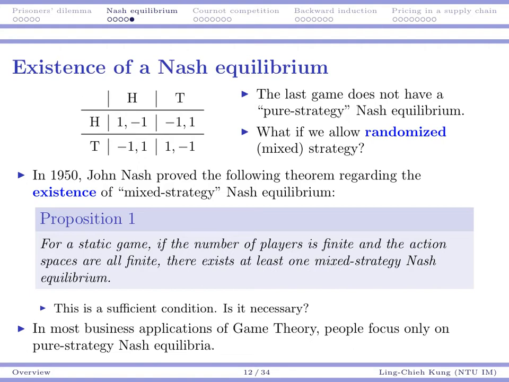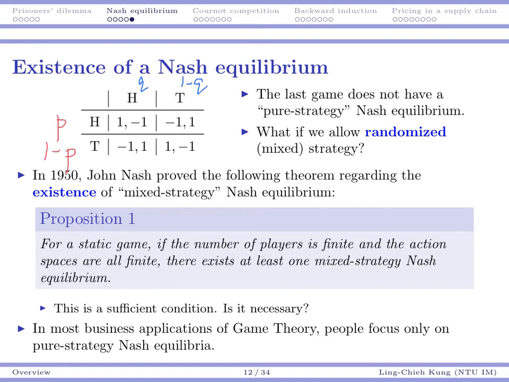You can say that you want to choose a decision variable P, okay, P, which is the probability for you to choose head. And then naturally 1 minus P is your probability for choosing T. The other player can choose Q and 1 minus Q as his probability for choosing head and tail.